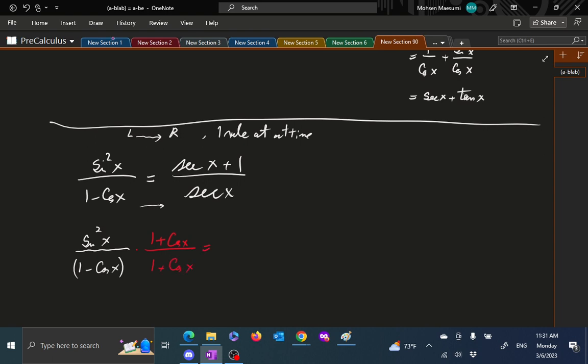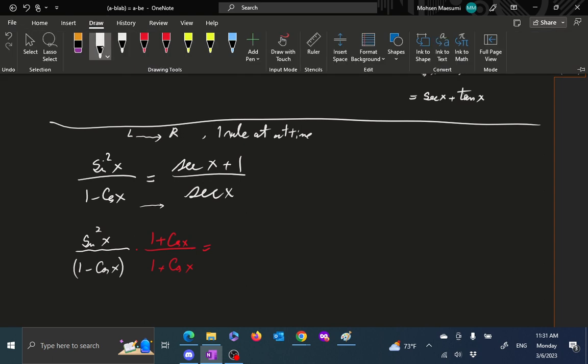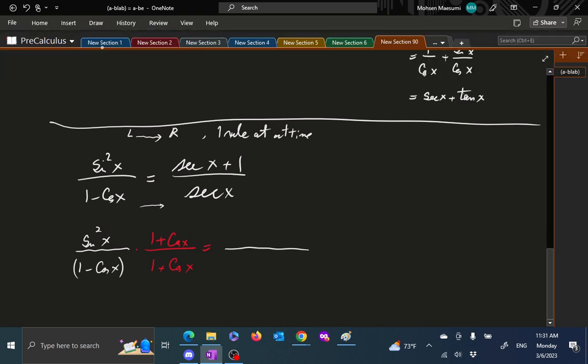Well, what does that get me? What it gets me is that I have sine square of x times 1 plus cosine of x, and this becomes 1 minus cosine square of x. Now 1 minus cosine squared by Pythagorean is just sine squared, and then sine square and sine square cancel out.